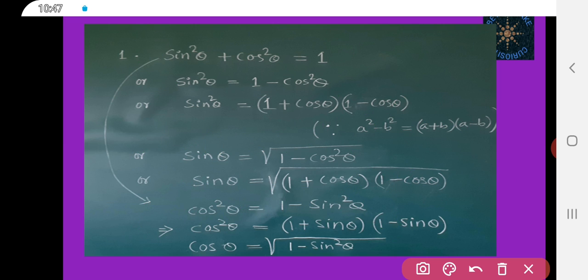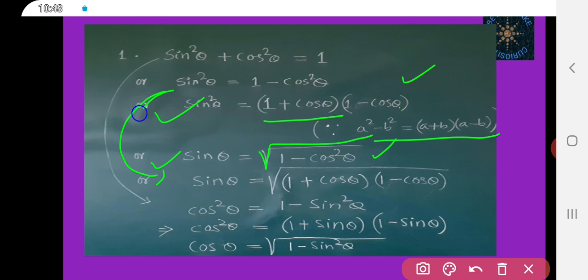So you can write sin square theta equal to 1 plus cos theta into 1 minus cos theta. Using this identity, you can write sin theta equal to the square root of 1 minus cos square theta.